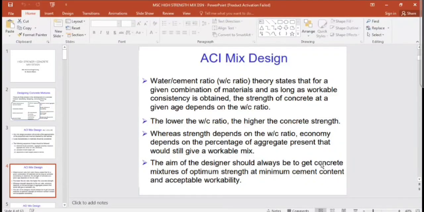Being a designer of a concrete mixture, what you need to do is get the optimum strength with minimum cement content and with acceptable workability. These are the two primary objectives of a concrete designer. Whoever is designing a mix must get that optimum strength with minimum cement content, and the workability should be acceptable.